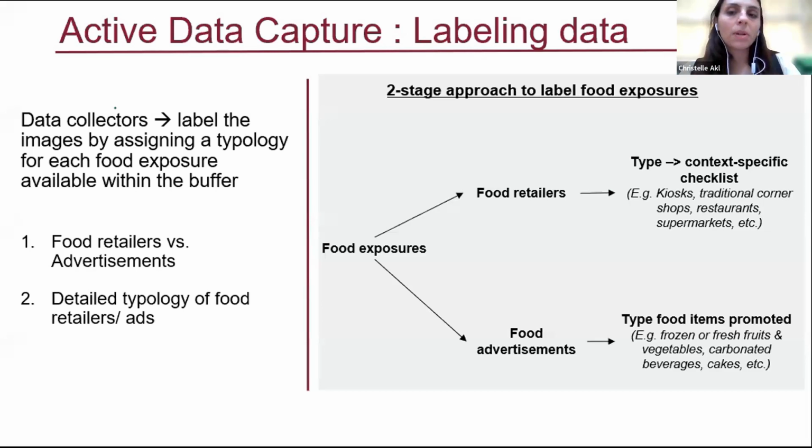So for example, retailers were classified as kiosk or mobile vendors or traditional corner shops. In parallel, we also asked data collectors to further classify food advertisement by the type of food items promoted within the advertisement. So for example, if the advertisement included carbonated beverages or fresh fruit and vegetables. And this was the second layer of labeling.